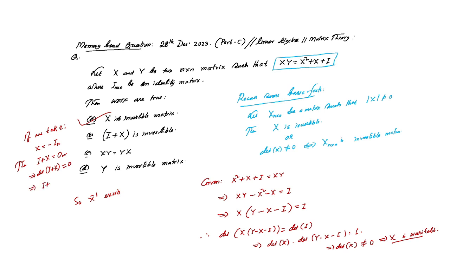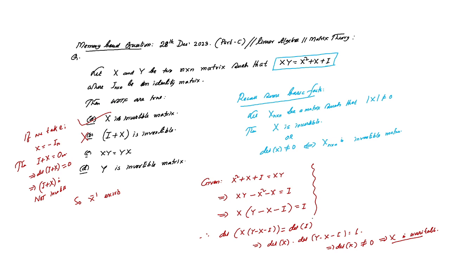That means Y plus X is not invertible. So option B is false. Now we'll move to option C, XY equals YX.